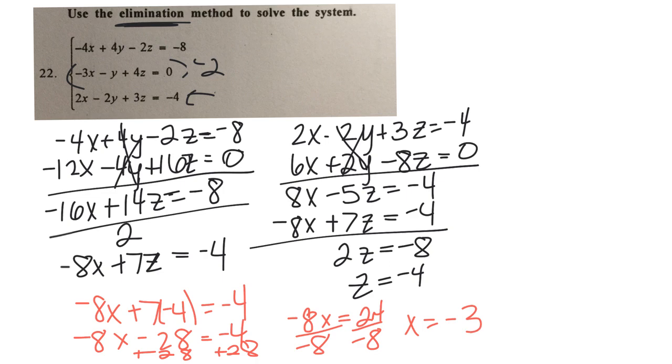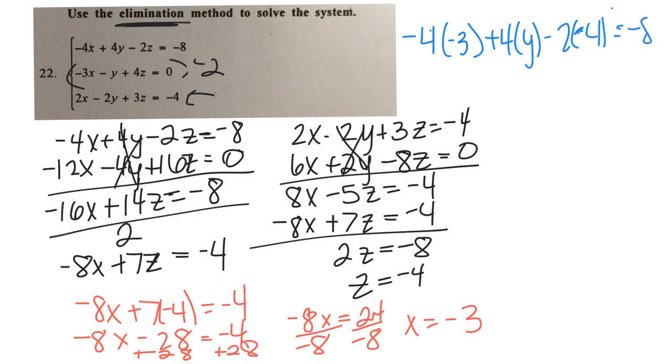And then we can plug those back into the original equation. Negative 4 times x, which is negative 3, plus 4 times y, which is what we don't know, minus 2 times negative 4 equals negative 8.